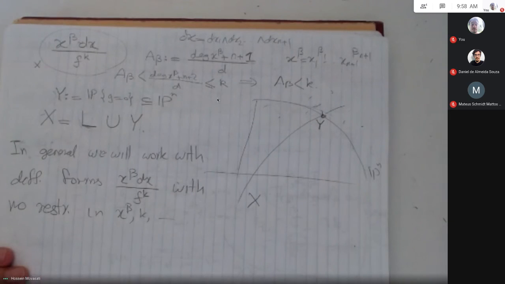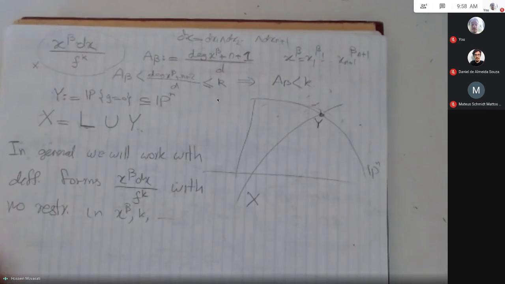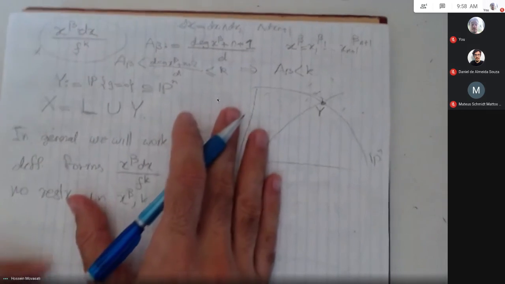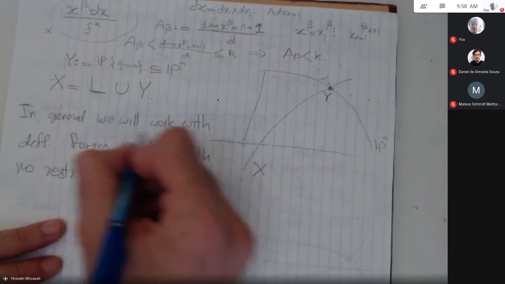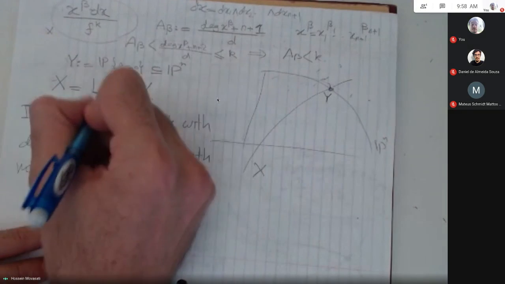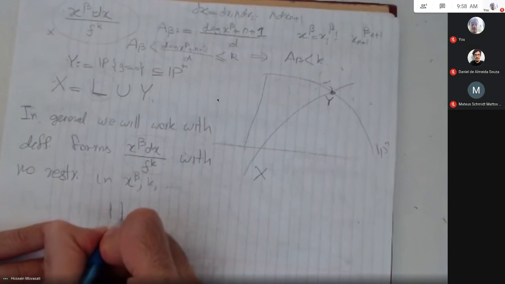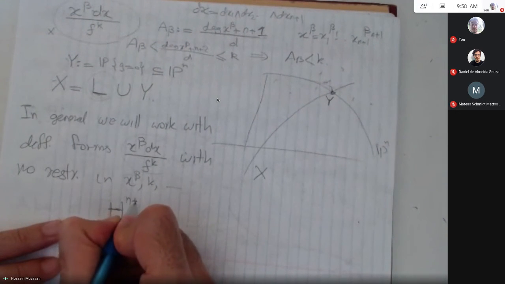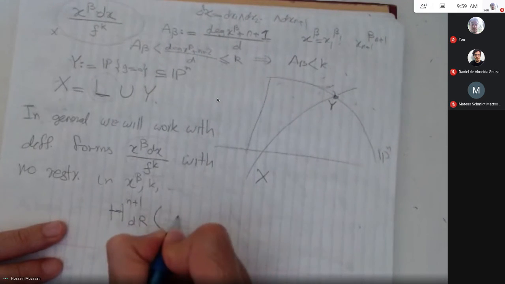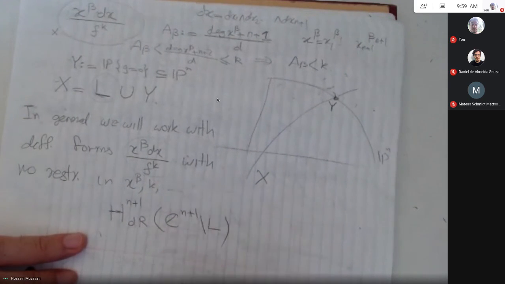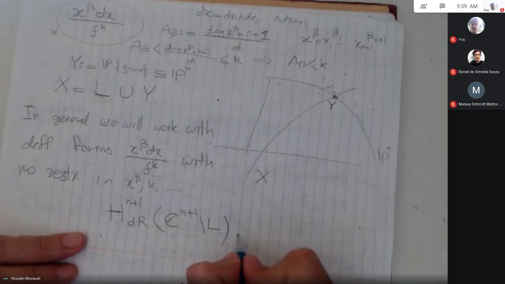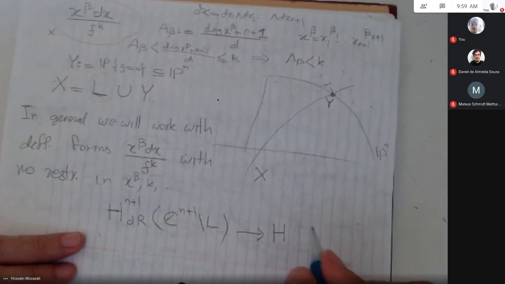Let me see. Okay, okay. And at the end, these differential forms, they capture the de Rham cohomology of L. Let me say in this way, Hn plus 1 de Rham C n plus 1 minus L. So I am writing now the residue map.